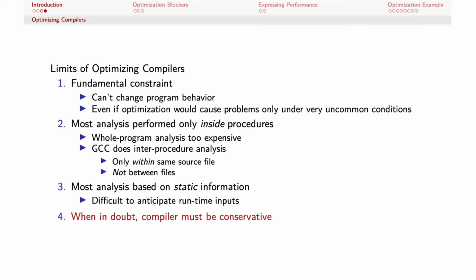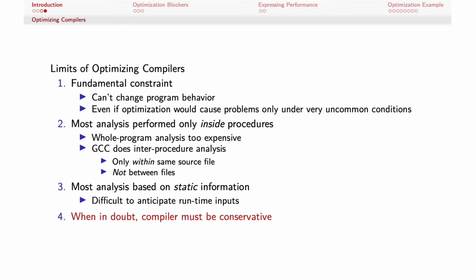And then the final limitation here is that when in doubt, the compiler needs to just be really conservative. It's going to try to make sure that no matter what the input is, no matter how goofy our code is structured, it follows very specifically exactly what we ask it to do in the source code, and that it's going to work under any kind of condition, no matter how things are called or what kind of input's showing up.